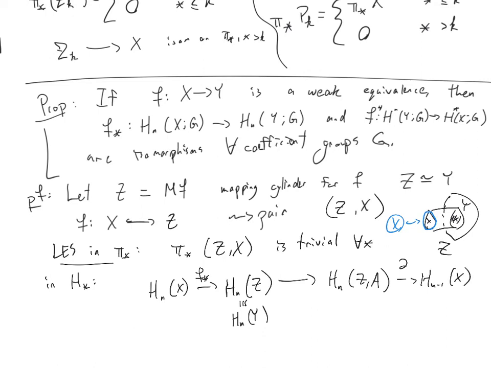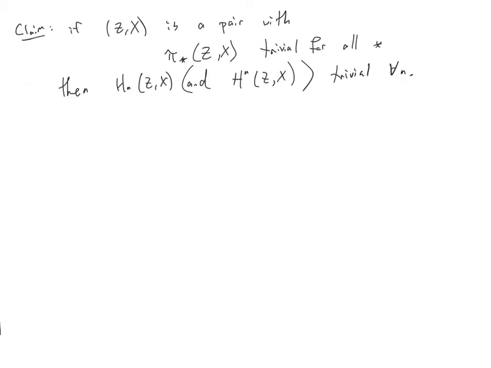And so what we'd like to know is that the triviality of pi star implies triviality of homology and, dually, cohomology. So the claim I stated is that we have a pair with trivial homotopy groups for the pair in all degrees, and we claim that the homology and cohomology of the pair is also trivial for all n.